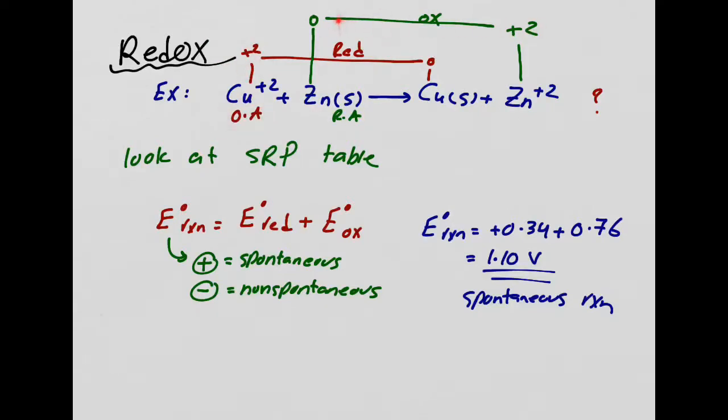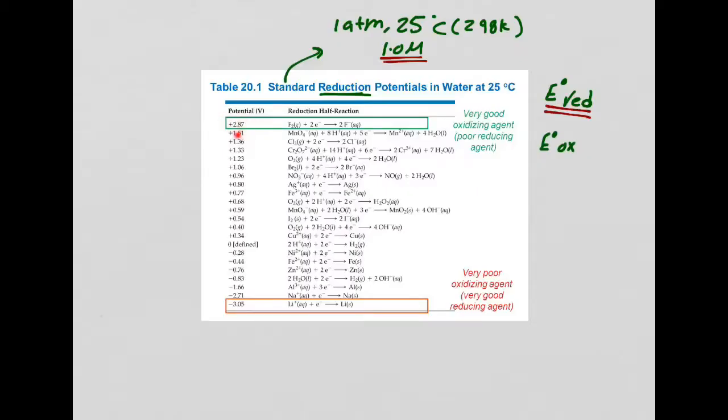If this one got oxidized, you're a reducing agent. Don't forget they're the opposite. So when I have a large positive potential value on an SRP, that means these guys really, really want to be reduced. Reduction is favorable. If reduction is favorable, what are you? That means you are a good oxidizing agent. That's why it says very good oxidizing agent, because if you like to get reduced, if you're favorable to reduction, that means you're a good oxidizing agent.